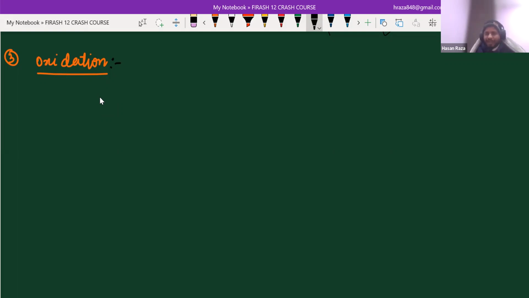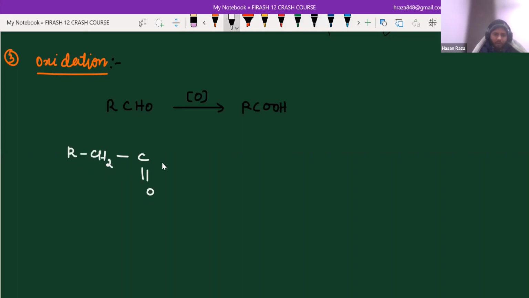because the parent chain is broken. So you can see this is your RCHO, and if you oxidize it, it will be directly converted into carboxylic acid. But when you have RCH2, C double bond O, and then CH2R', then oxidizing with high temperature, the temperature should be high.